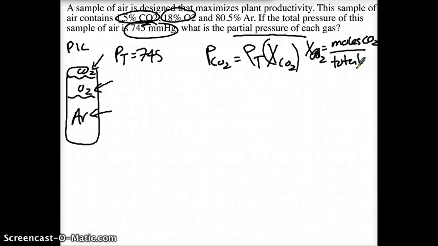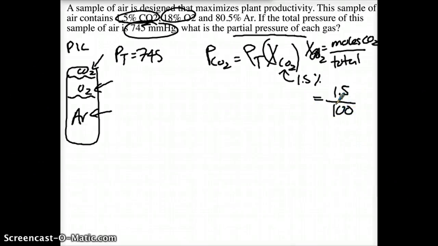Well, I'm not given any moles, but I am given percentages. I'm given 1.5%. So essentially, this mole ratio is 1.5%. It's telling me that 1.5% of all of the mixture is CO2. Another way of saying that is 1.5 moles out of 100 moles.